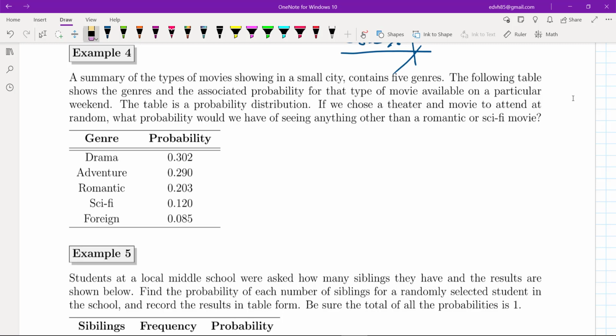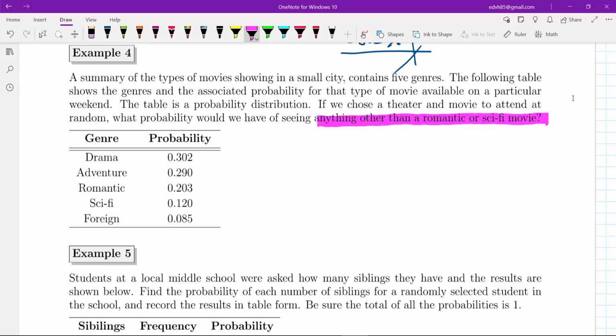If we choose a theater and a movie to attend at random, what probability would we have of seeing anything other, be careful here, anything other than romantic or science fiction movie? So we want to watch anything else.